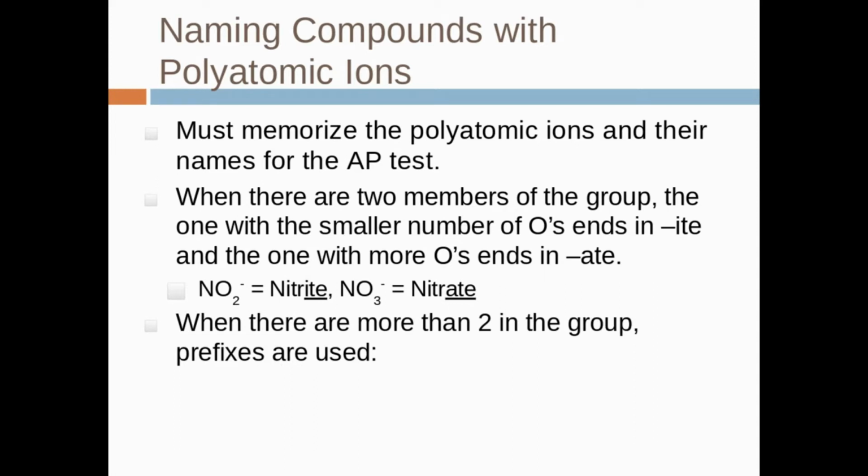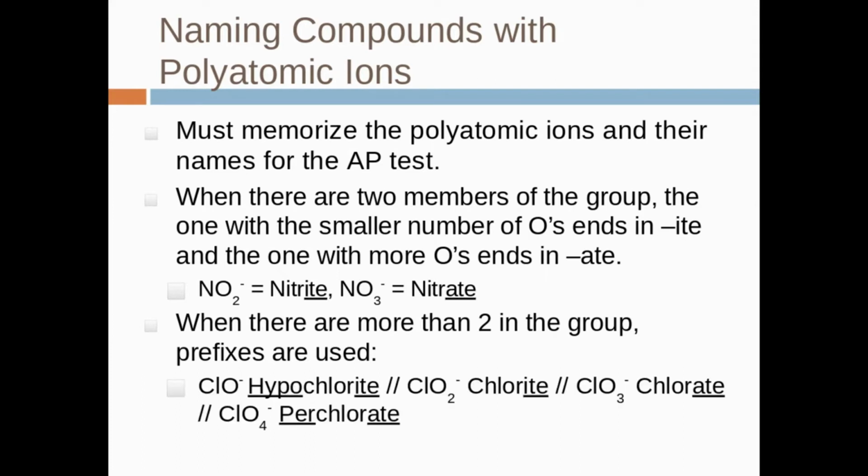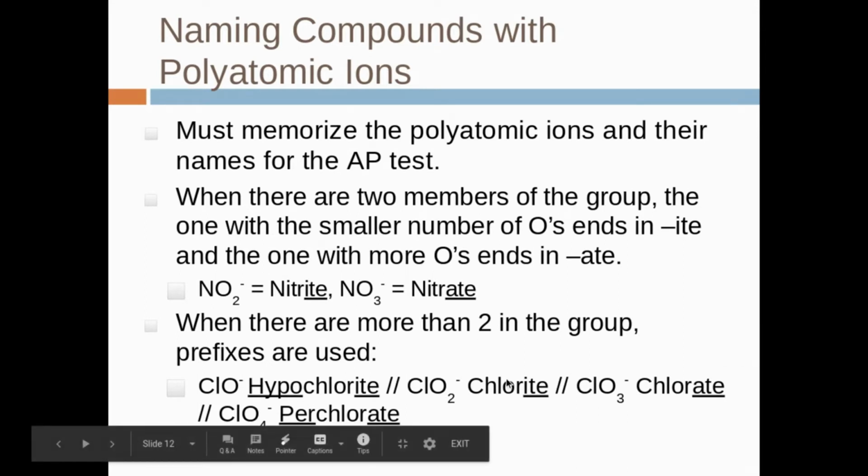If there's more than 2 members of the group, we can use prefixes. An example of this is the chlorite group. In the middle here, you can see we have ClO2, which is chlorite, and ClO3, which is chlorate. If we have fewer oxygens, we have ClO, and we change it to hypochlorite.